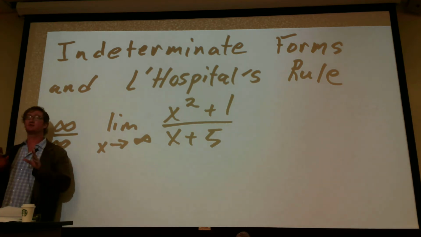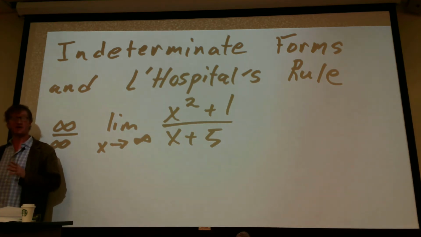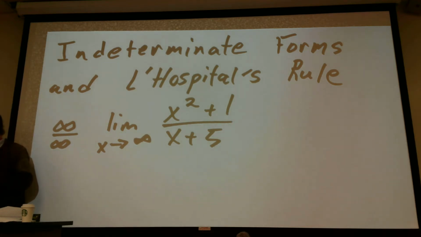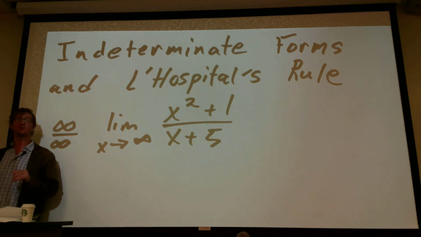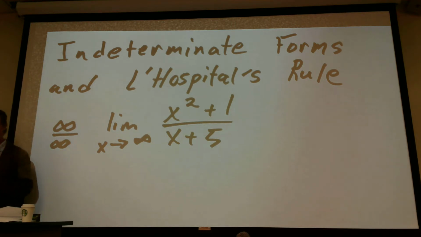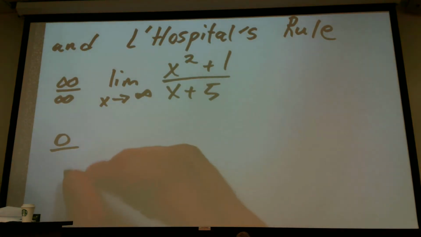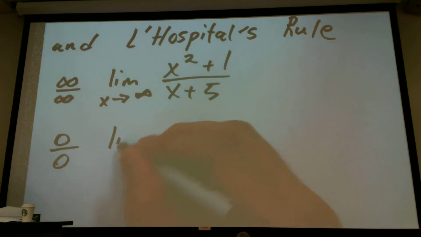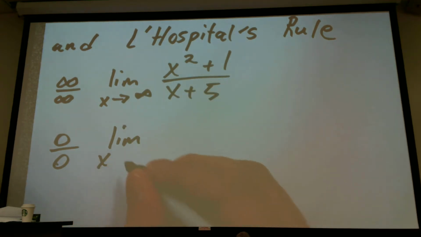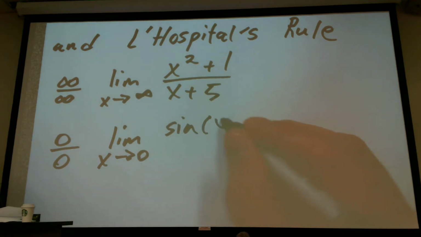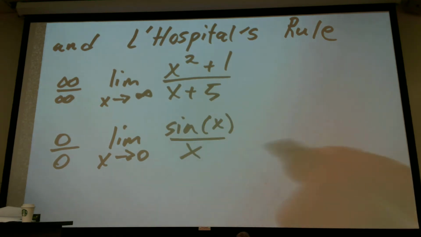We learned a trick earlier in the semester of dividing by the highest power of the top and the bottom to evaluate this limit. We're going to learn a new rule today, which is L'Hopital's rule. Other indeterminate forms are, let's say, 0 divided by 0, so that would be the limit as x tends towards 0 of sine of x divided by x.